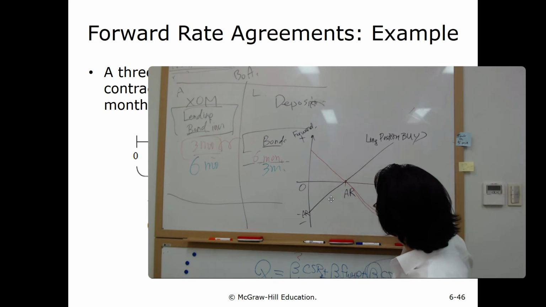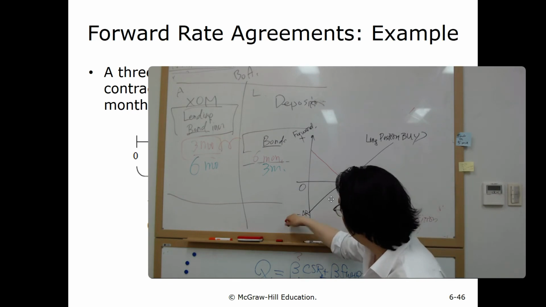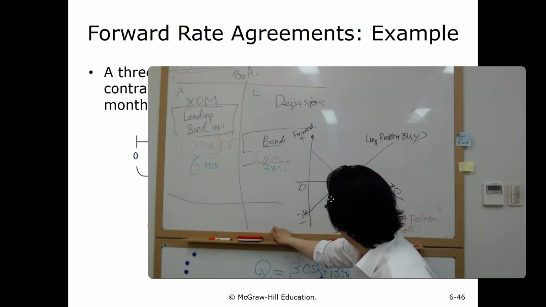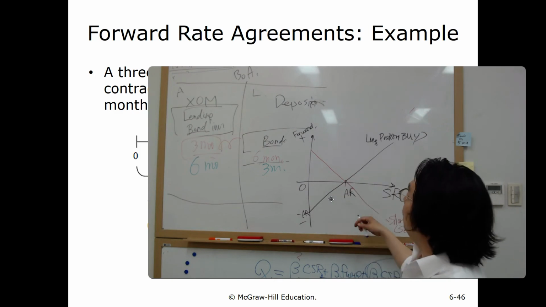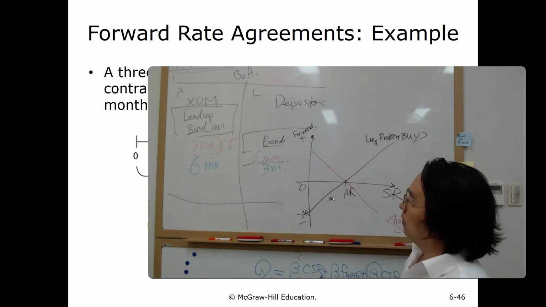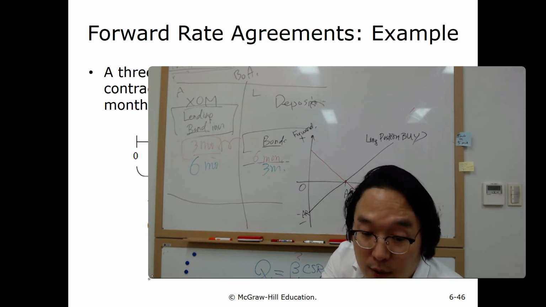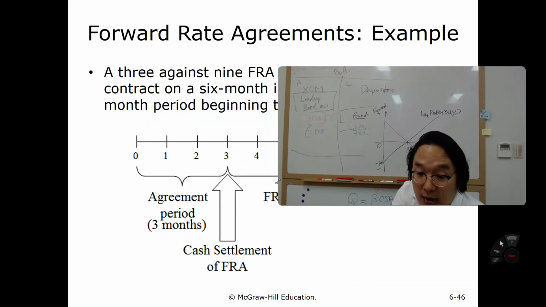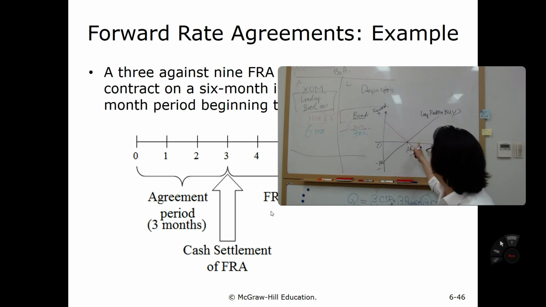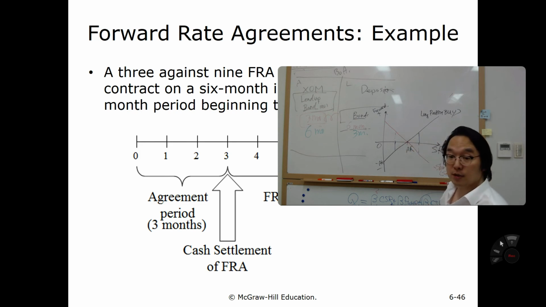So that's the profit and loss diagram. At the settlement time point, the cash settlement time, depending on where the settlement rate is, the profit and loss will be different, like this.